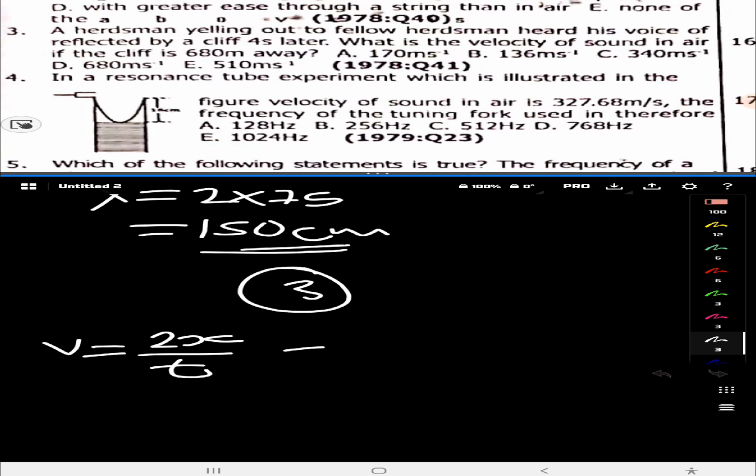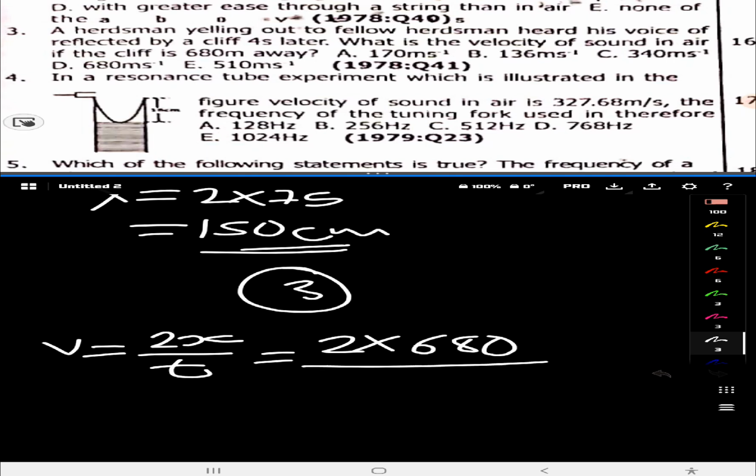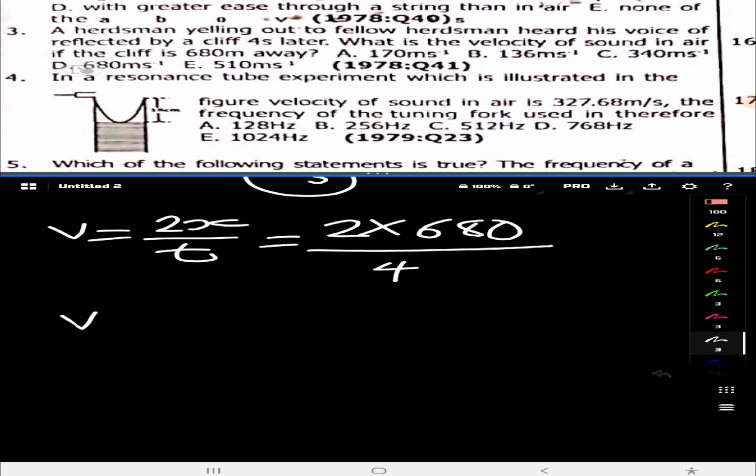You say 2 times 680 over t, and t is 4 seconds. So your final answer will be v equals 2 times 680 divided by 4. Punch your calculator: 2 times 680 gives you 1360.